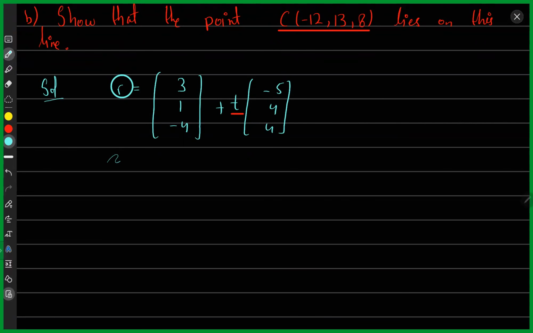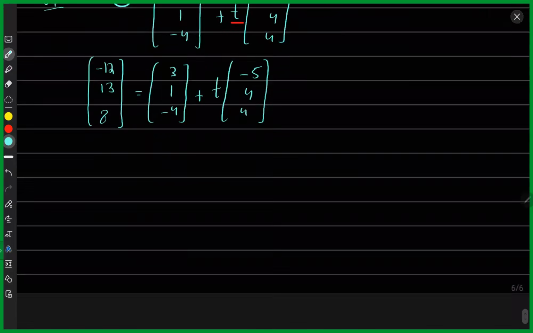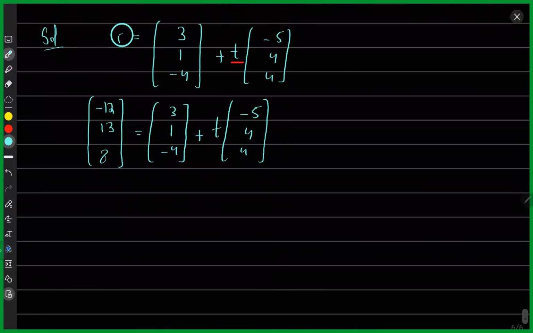So r is (-12, 13, 8). This part was (3, 1, -4). And then this is t into (-5, 4, 4). Let me make three equations out of it.